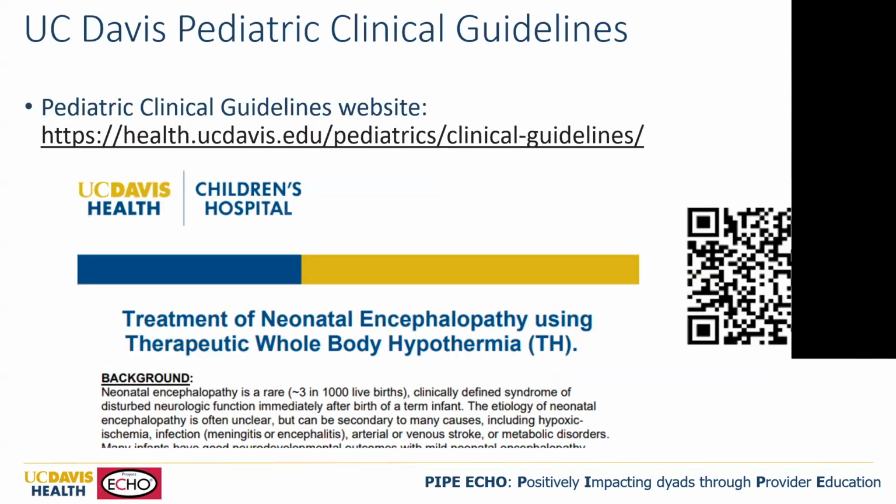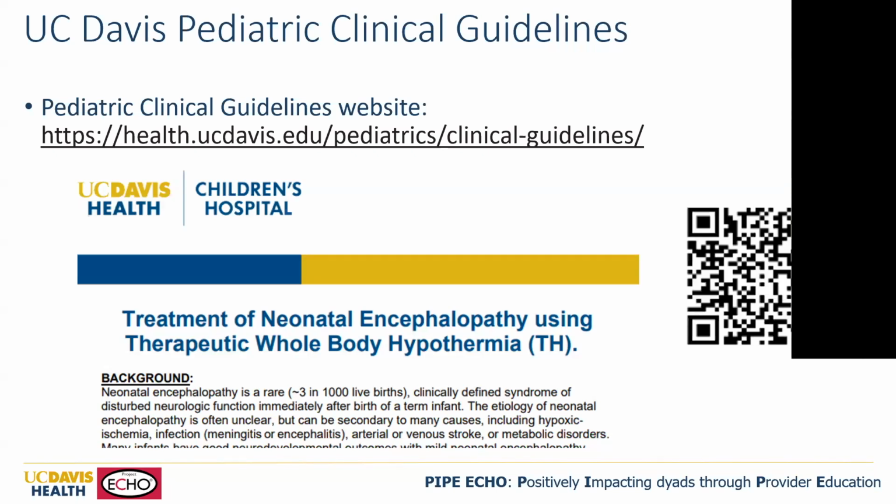Another plug, we've done this a few times and it's on one of our last slides, but this QR code is the Pediatric Clinical Guidelines website, and the website is here too if you need to type it in. I'm sure Sharon can include the links.